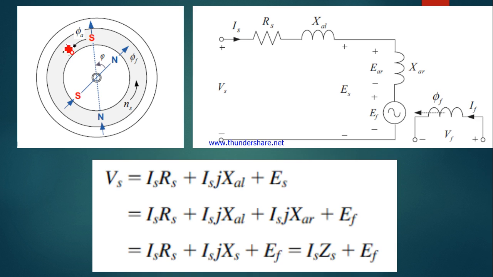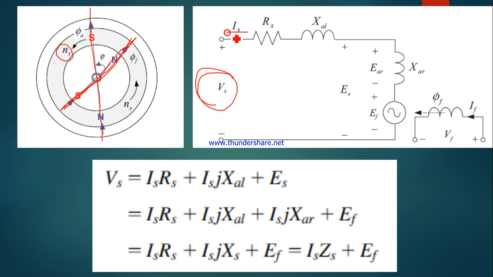So here you see, this is the NS, the synchronous speed, and this is your armature field, and basically this is your permanent magnet rotor. So both are rotating at synchronous speed. Now this is the stator voltage supply you are giving.